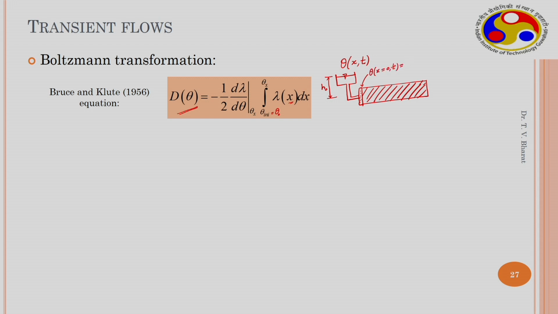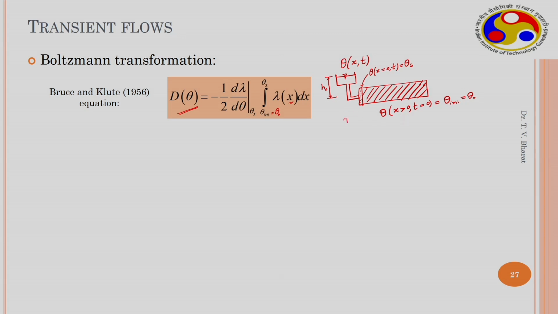This is equal to theta s, the saturated volumetric water content. Here within the soil sample, the initial condition is that at any given x greater than 0, when time t equal to 0, this is equal to the initial value, or you can write it as theta naught or whatever.